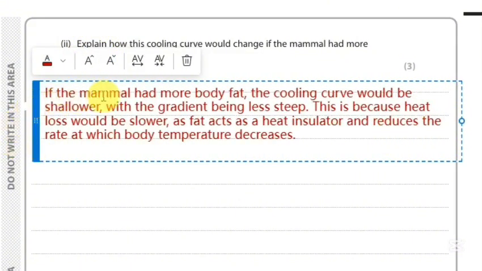If the mammal had more body fat, the cooling curve would be shallower, with the gradient being less steep. This is because heat loss would be slower, as fat acts as a heat insulator and reduces the rate at which body temperature decreases. Okay.